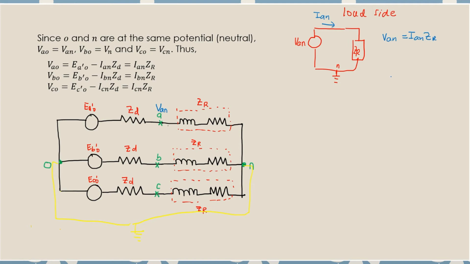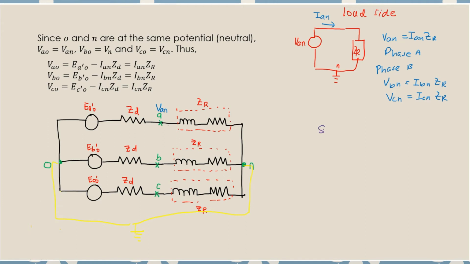Then you calculate the same for the other phases. Phase B is the same: VBN equals IBN ZR. Phase C is the same: VCN equals ICN ZR. So that is for the load side.